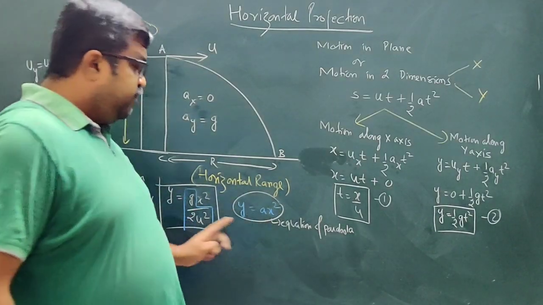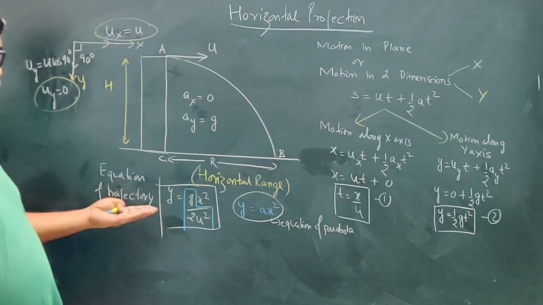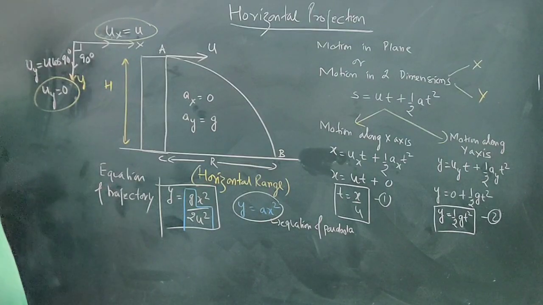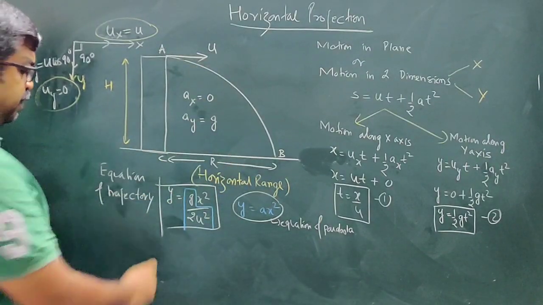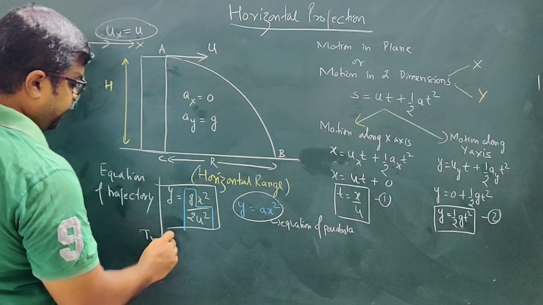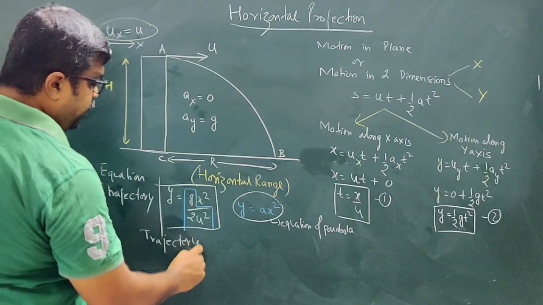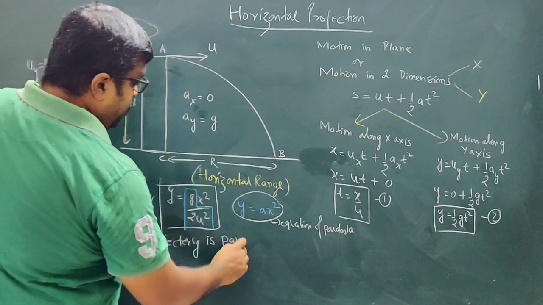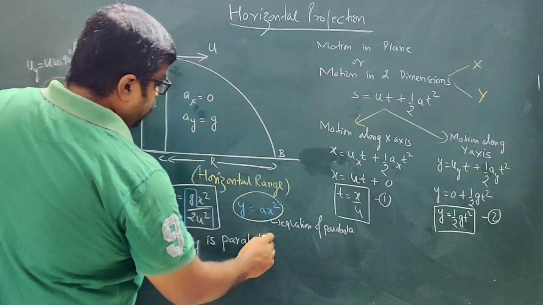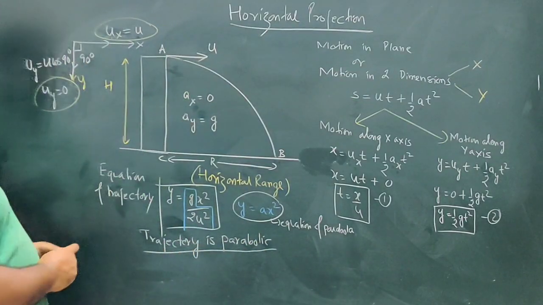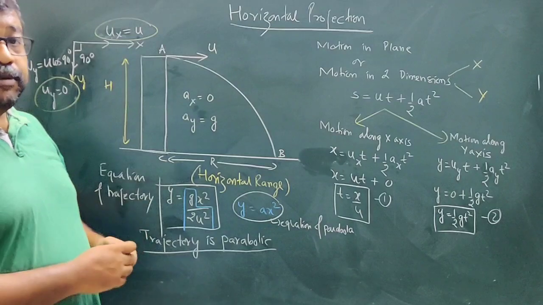And since this is the equation of a parabola, the trajectory is parabolic. This is the first important observation with regard to horizontal projection.